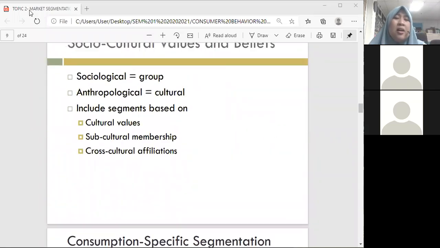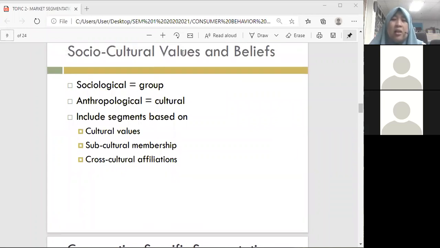Actually I'm at slide 9, and looking at the time, I have less than 1 minute left. I hope that with today's explanation, you will send your inquiries in the group WhatsApp.